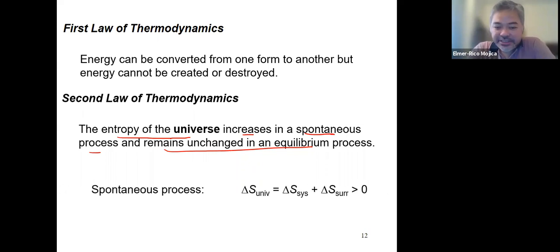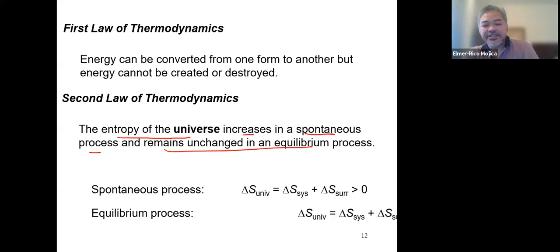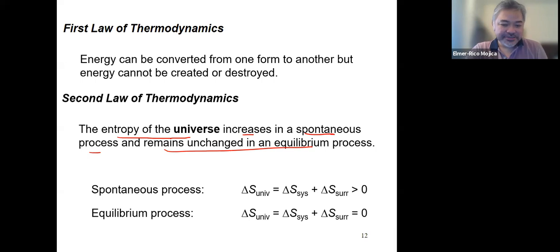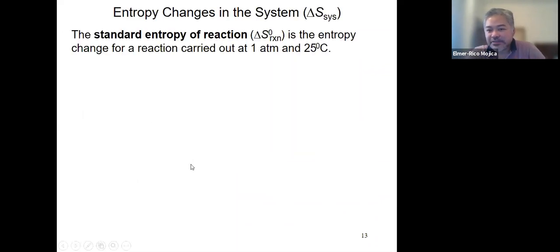So what does it mean? In a spontaneous process, the delta S of the universe is increasing, greater than 0. In an equilibrium process, the delta S is equal to 0. The entropy of the system is equal to the entropy of the surroundings. Now, what do you need to remember here in terms of the calculation?